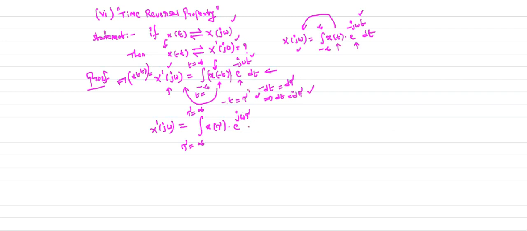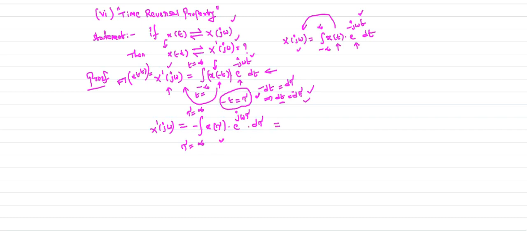If you differentiate both sides of this equation, a small change in t results in minus times the small change in the tau value. Here I need to substitute minus d tau.